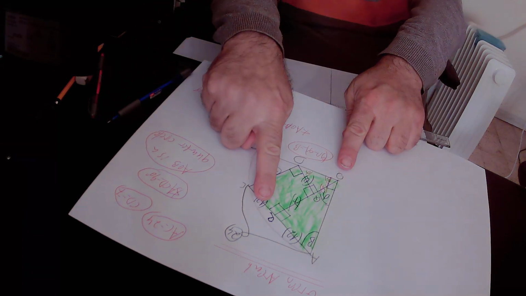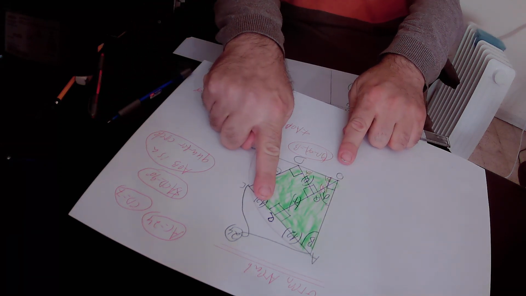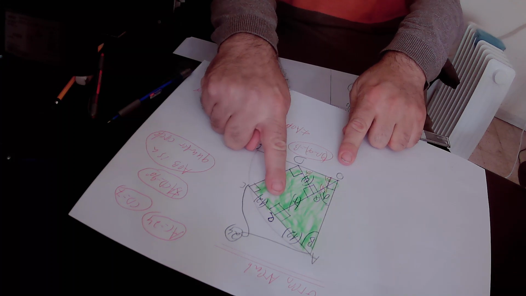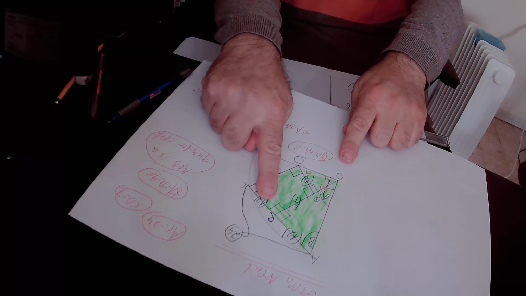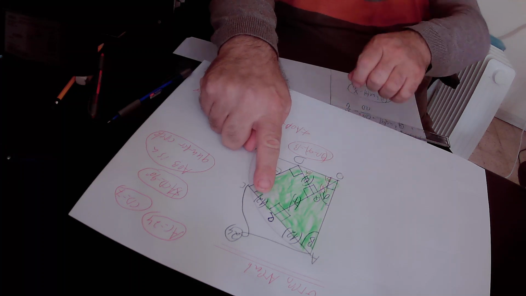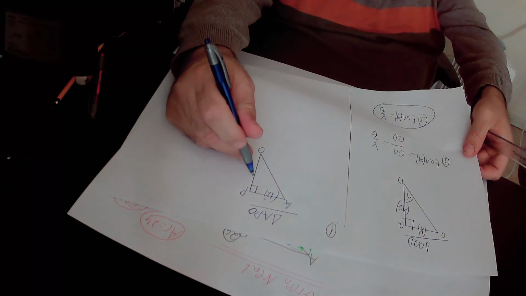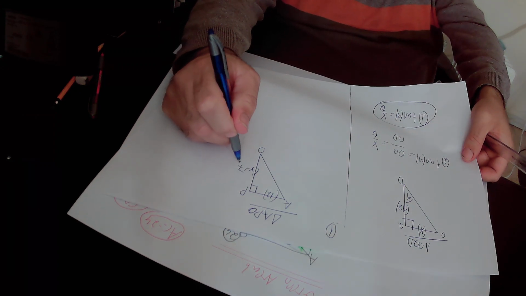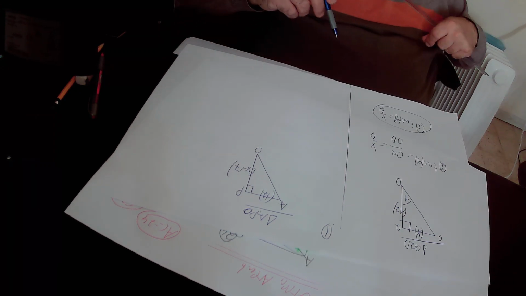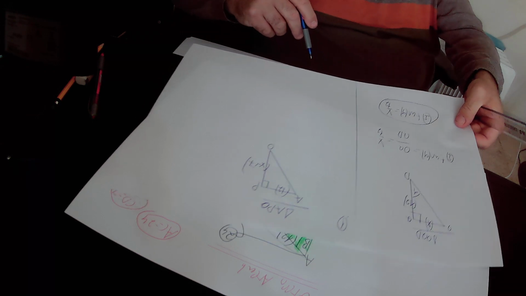What is the length of side PQ? From the diagram it is very easy to see that PO equals PQ plus QO. That is to say, PO equals PQ, that is 7, plus QO, that is x. So in total PO equals x plus 7. So I write it down: PO equals x plus 7.